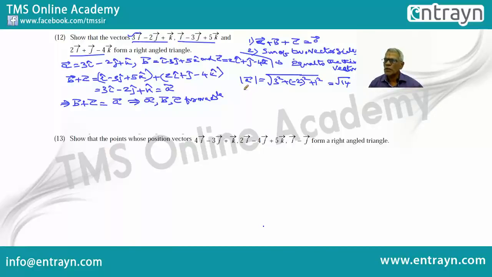Modulus of b vector is root of 1 square plus minus 3 the whole square plus 5 square. 25 plus 9, 34, 34 plus 1 is 35, root 35.